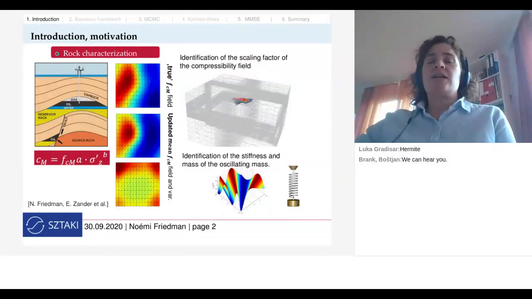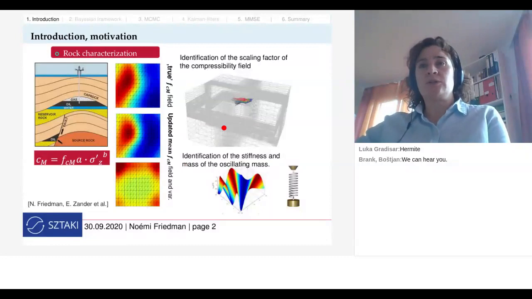And we can see, if I assume some constant mean value of this random field and this log normal distribution that I presented before, whether using the measurements we can update this prior knowledge to something which is similar to the true field. Okay, so this is what we will do.